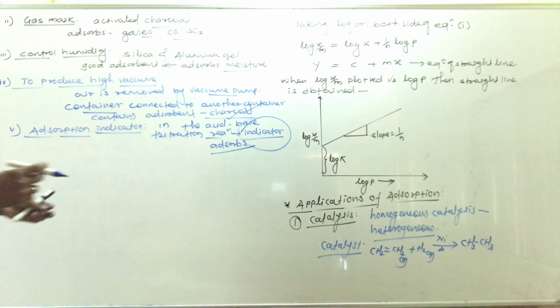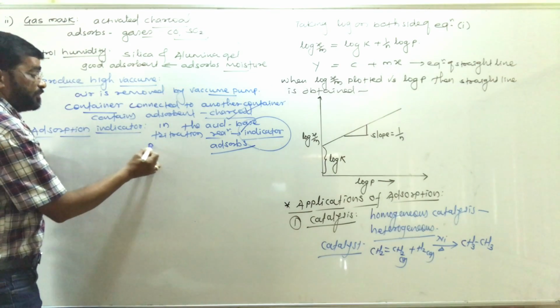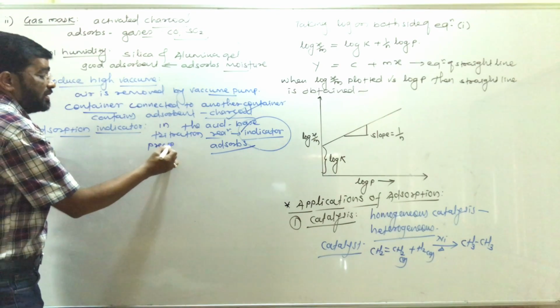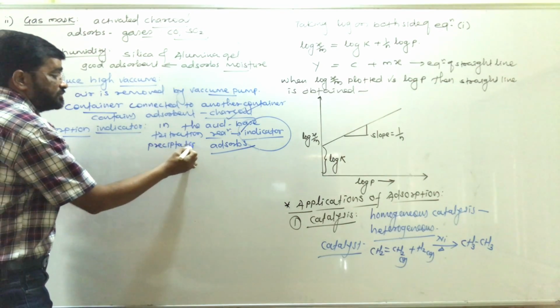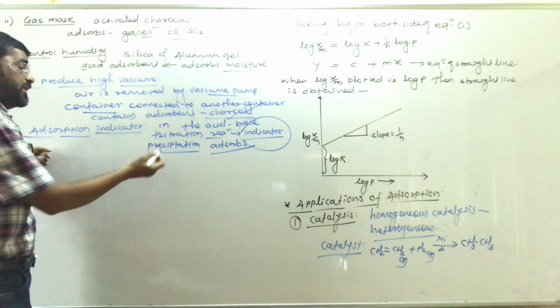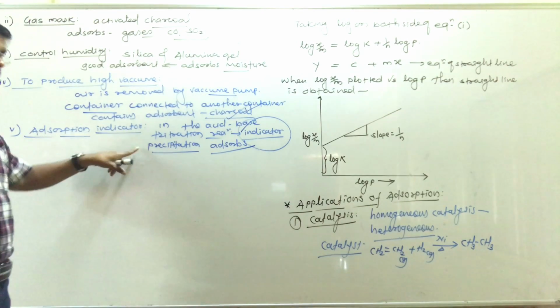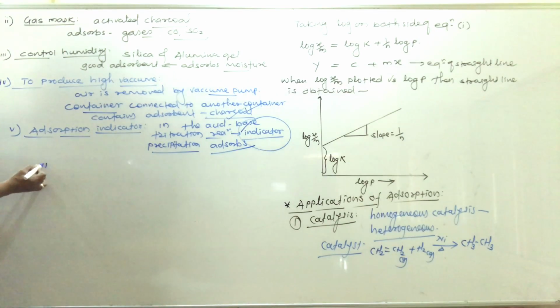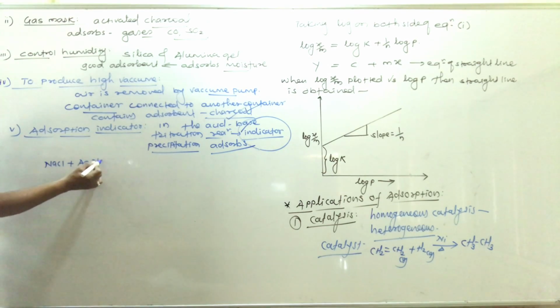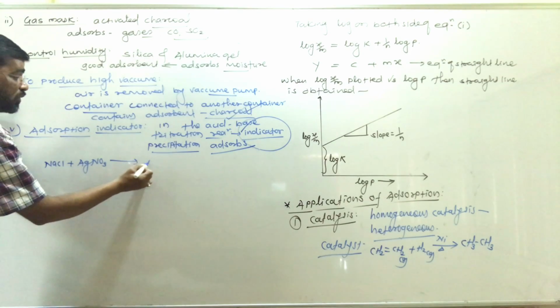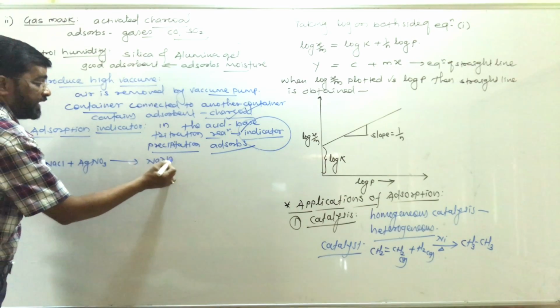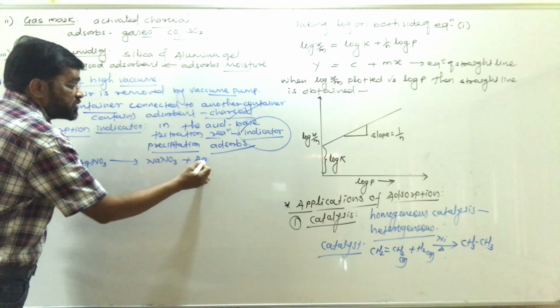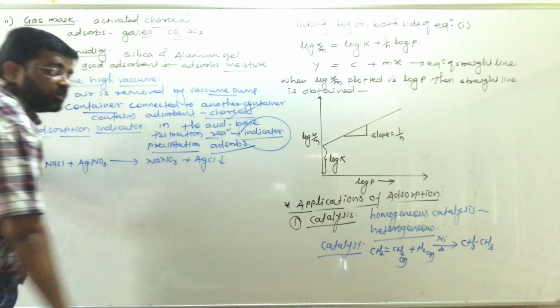Precipitation titration is used in it also. For example, sodium chloride when treated with silver nitrate produces sodium nitrate and silver chloride precipitate.